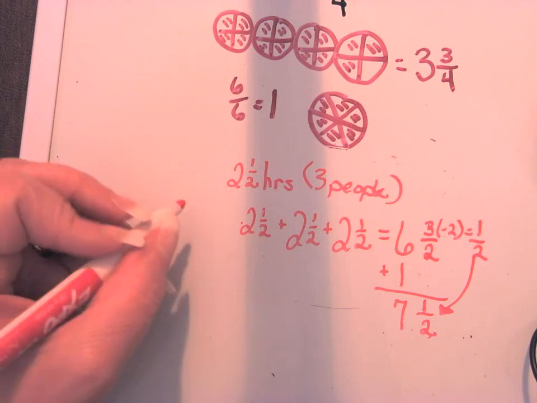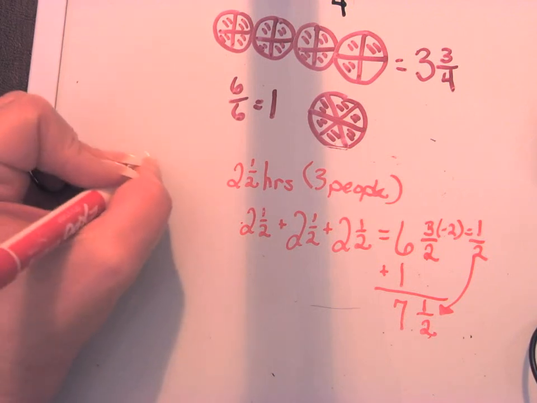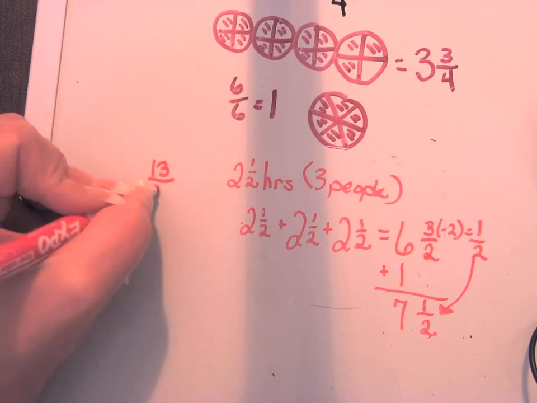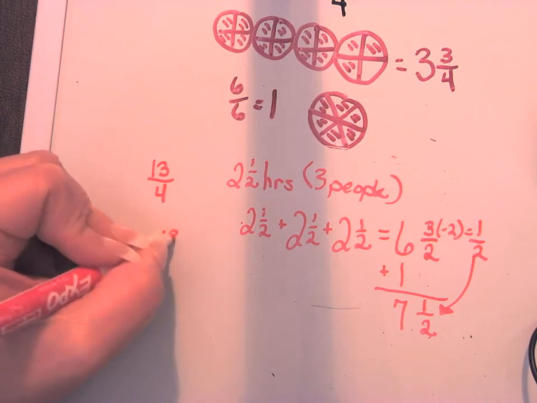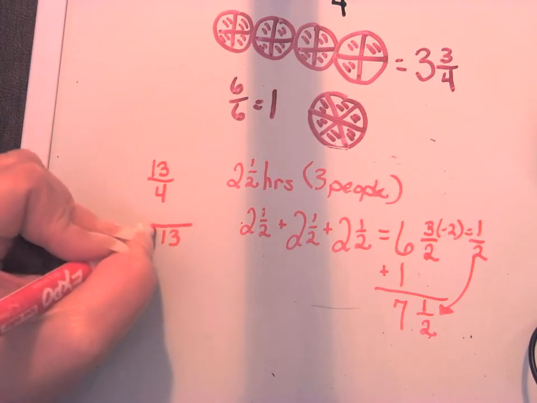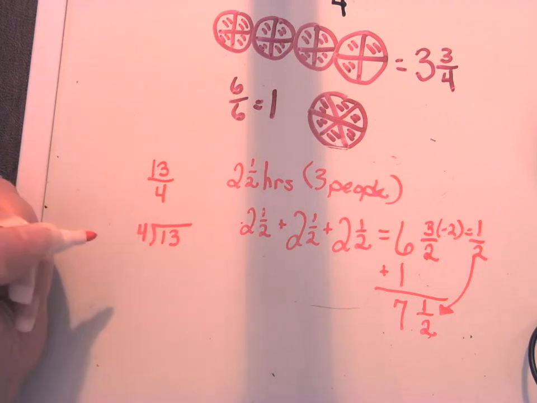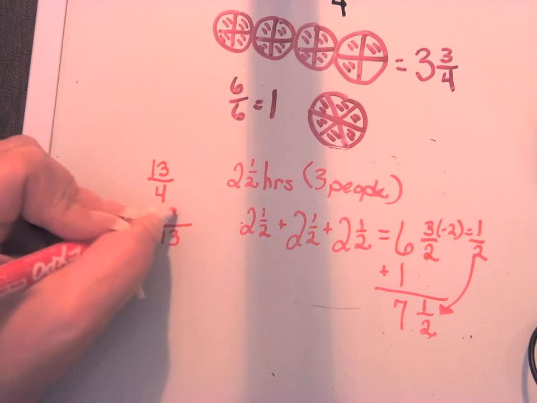So if we have, let's do 13 over 4. So I take my 13, it's going to go in the box. That's my dividend. My divisor that's knocking at the door is number 4. And so how many 4's can I get out of 13? We can get 3.